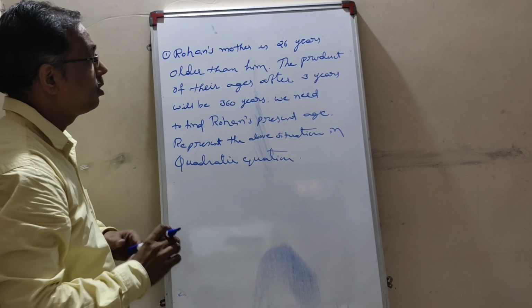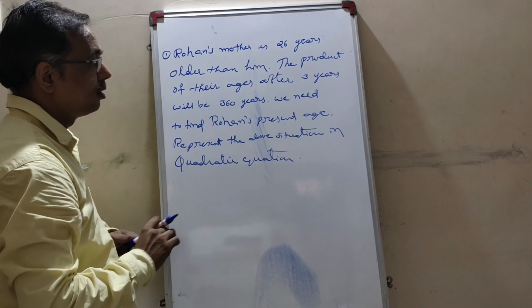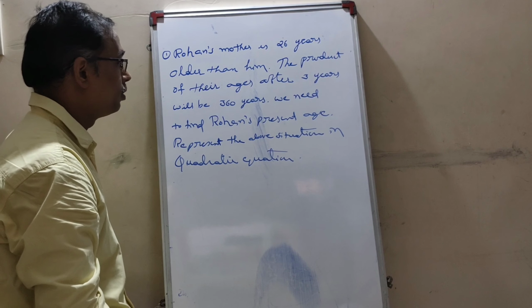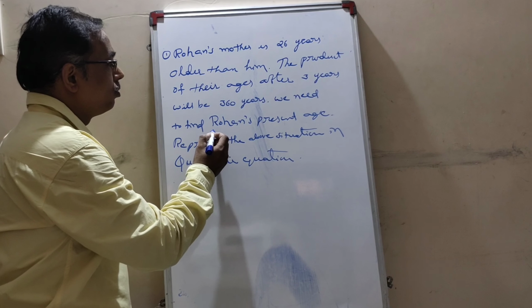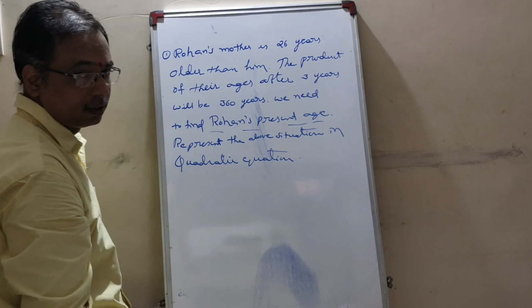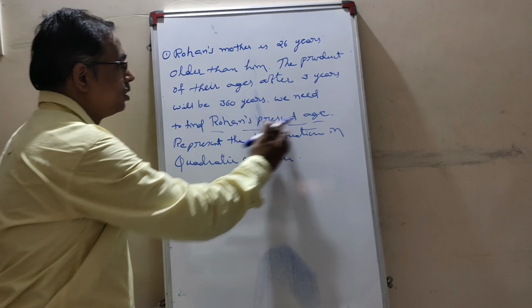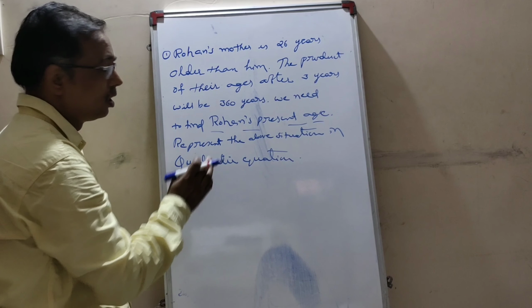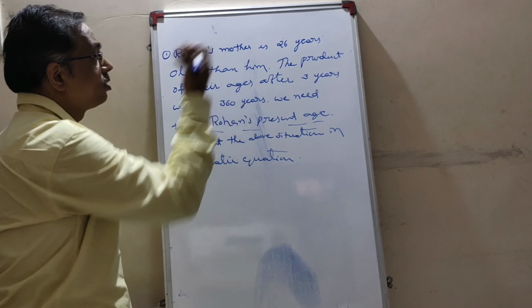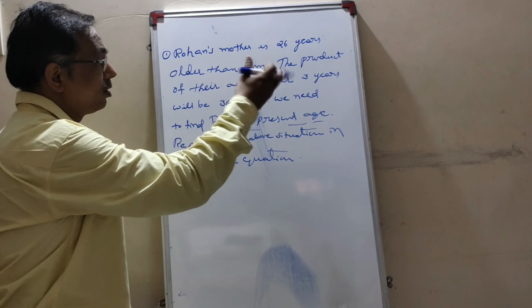So first of all, we have to observe which is the independent quantity. Rohan's present age will be the independent one, so this one is taken as a variable. If you know Rohan's present age, then automatically we know his mother's age, and then we can solve it.